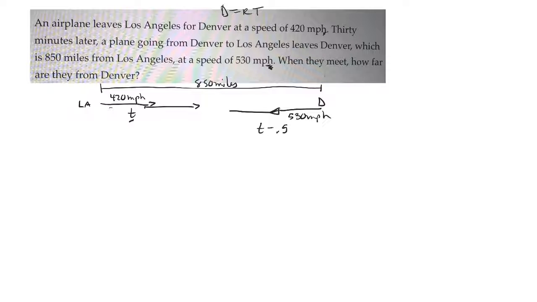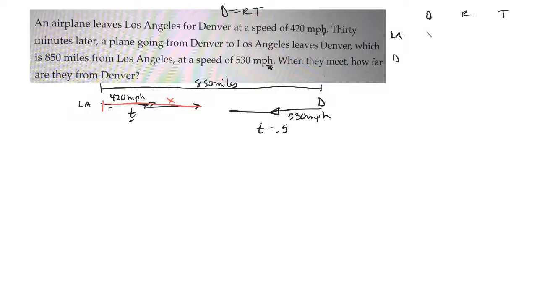Okay, so let's do our distance equals rate times time thing. So distance, rate, time, and let's go the LA guy and then the Denver. The LA guy goes a certain distance. I don't know what that distance is, so why don't we call it X?